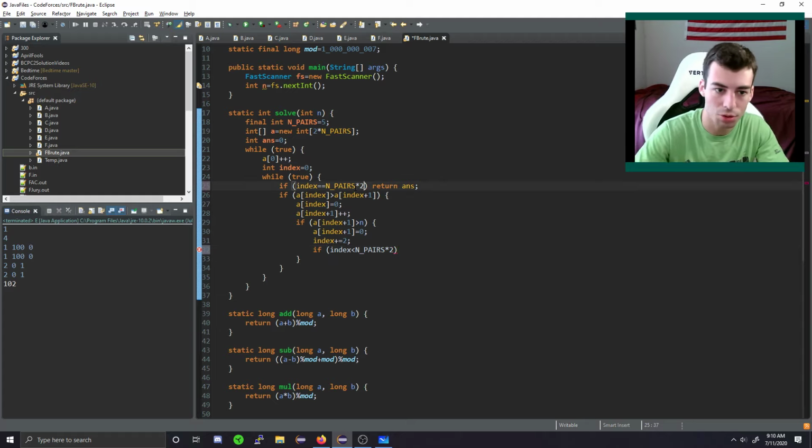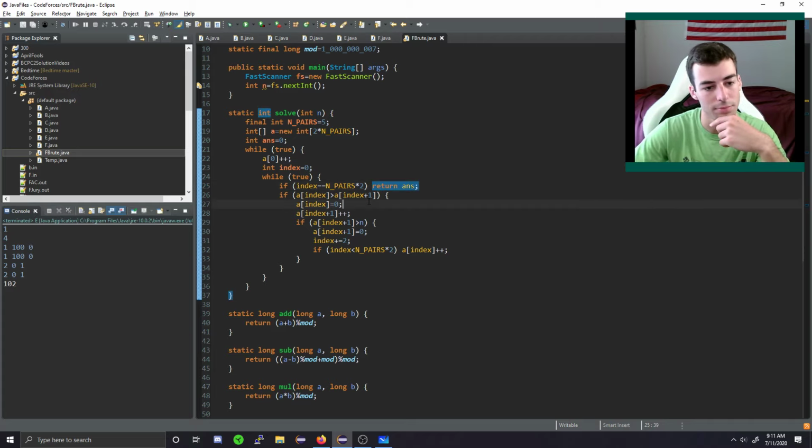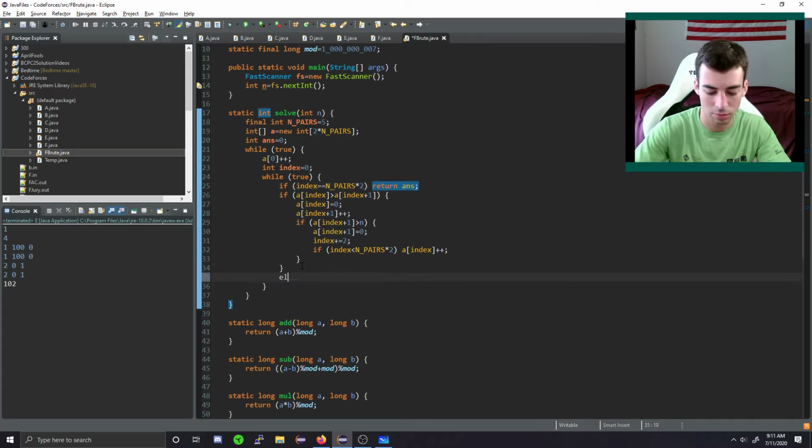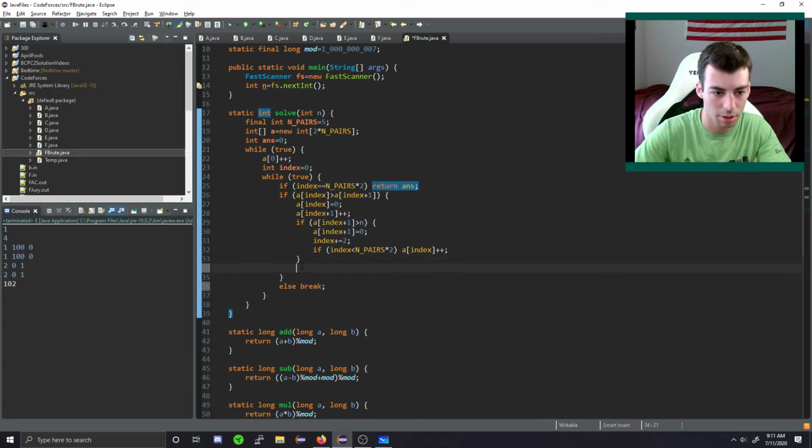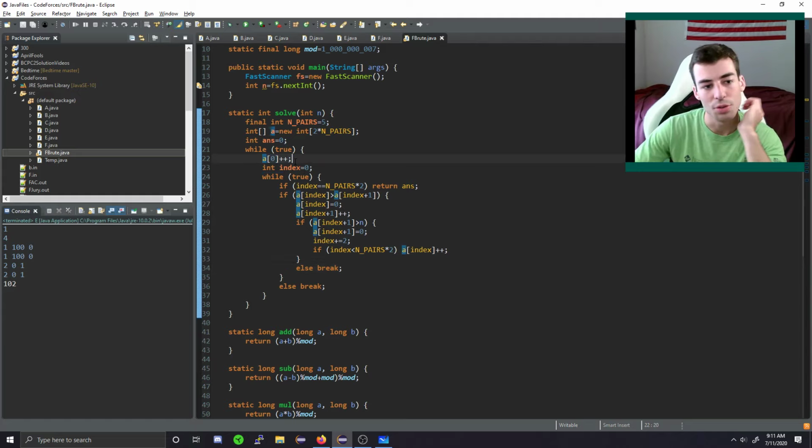Needs to be times 2, then a at index plus plus. Yeah, okay. Else break, else break. So this will increment one thing.